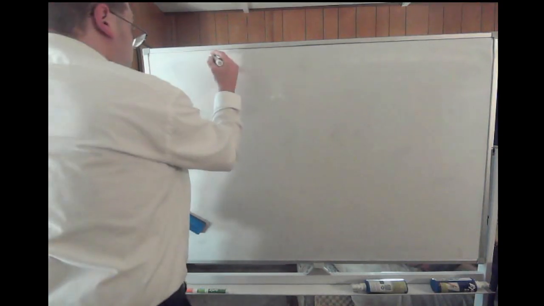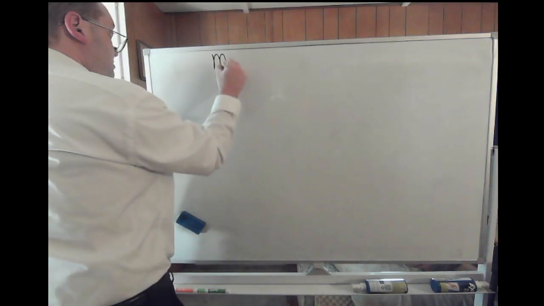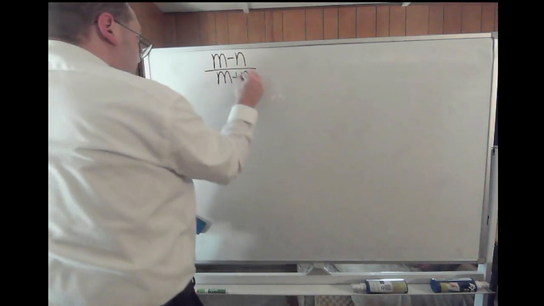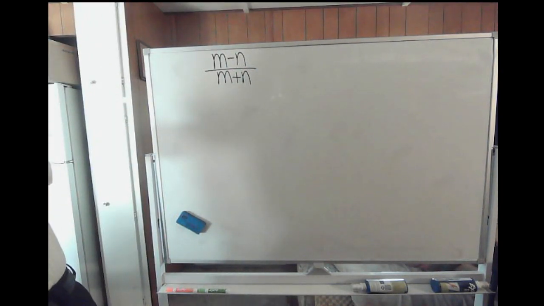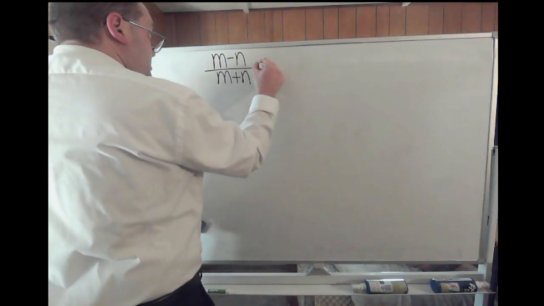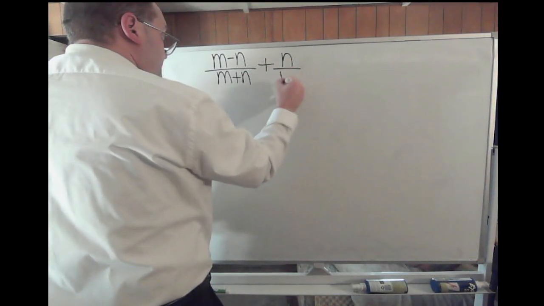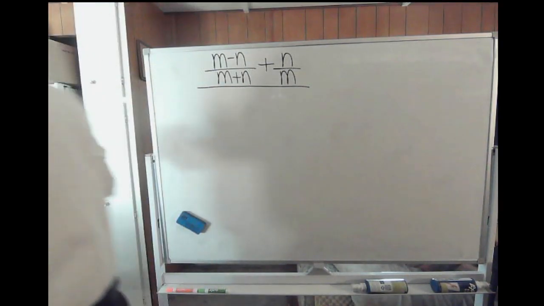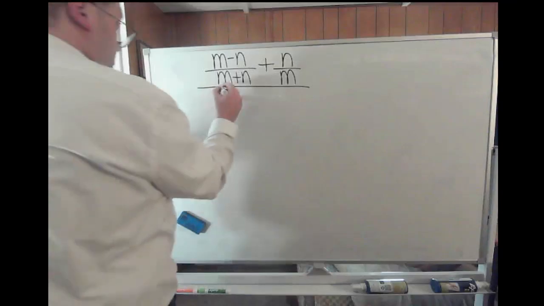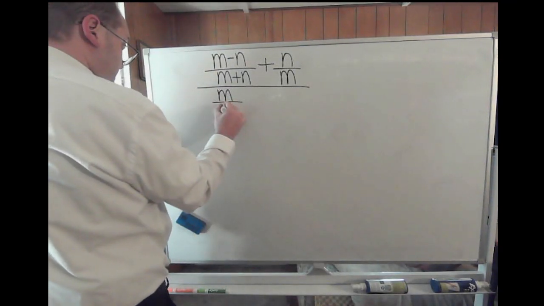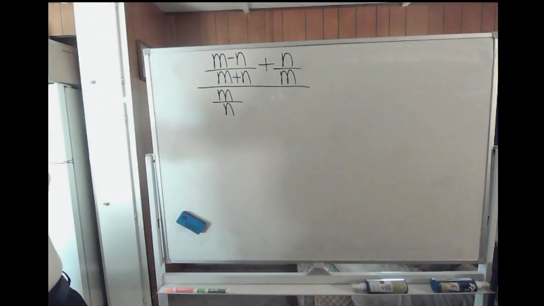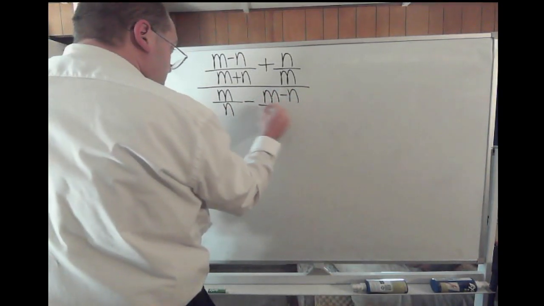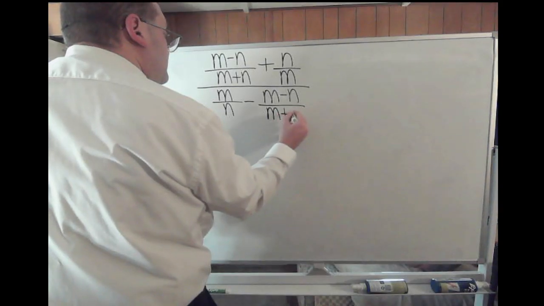Oh yeah. So we have (m minus n) over (m plus n), plus n over m, all over m over n minus (m minus n) over (m plus n).